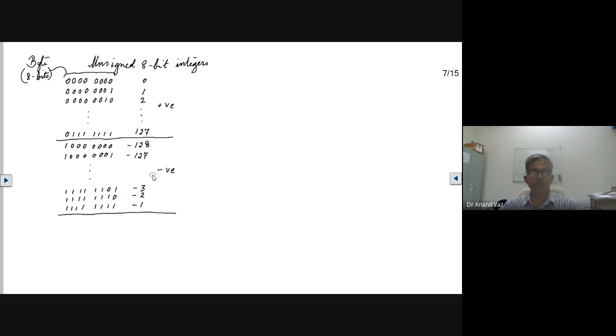So if you want to perform 9 minus 5 using 8-bit representation, we know that this is equal to 4 in the decimal domain.